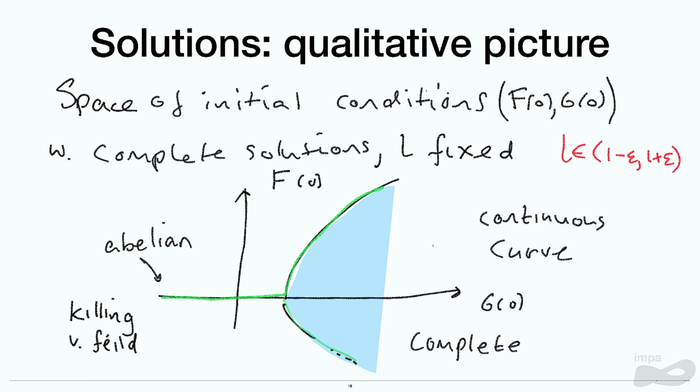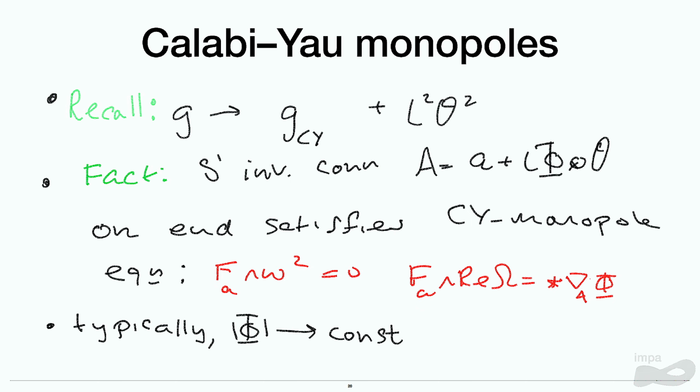But it's really an intersection of two different curves, like this green thing. So if you recall that this was what happens to an ALC metric, I get my metric along an end converging to a Calabi-Yau cone, a product of a Calabi-Yau cone plus this maybe squashed S1 fiber.